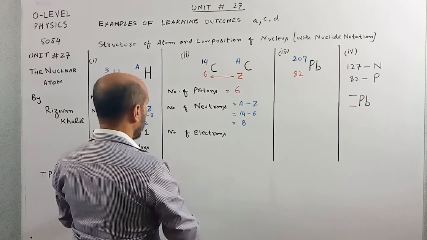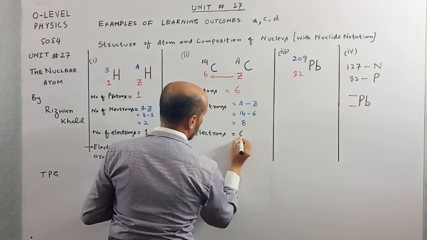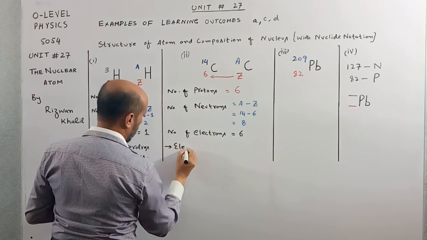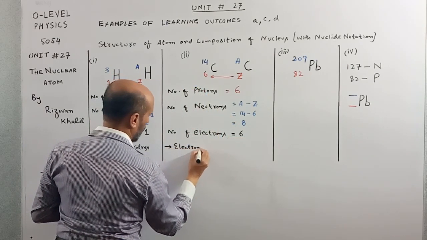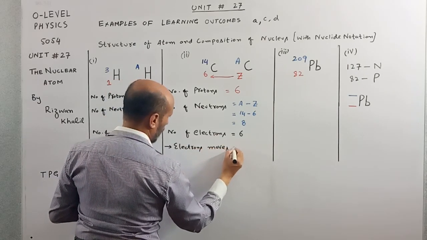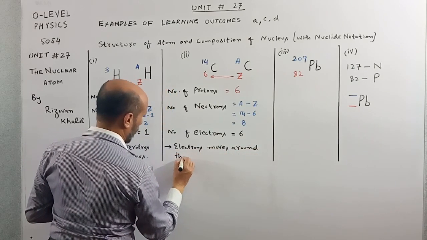And obviously the number of electrons is equal to the number of protons, that is equal to 6. And again what will we write? Electrons move or revolve around the nucleus.